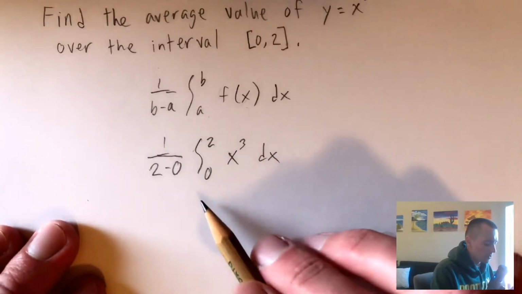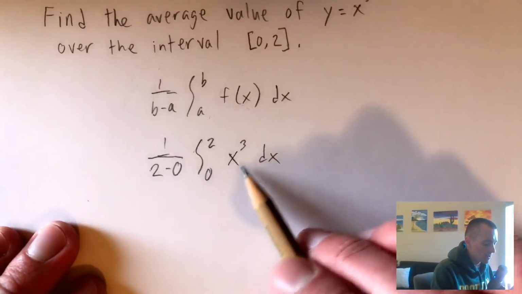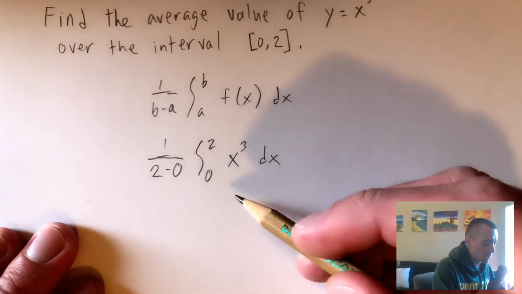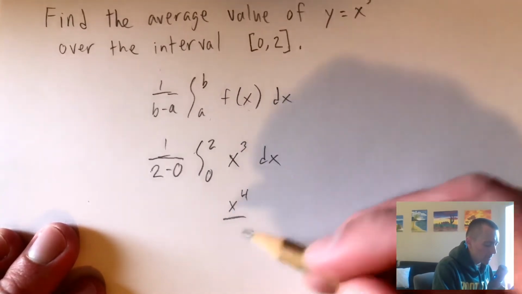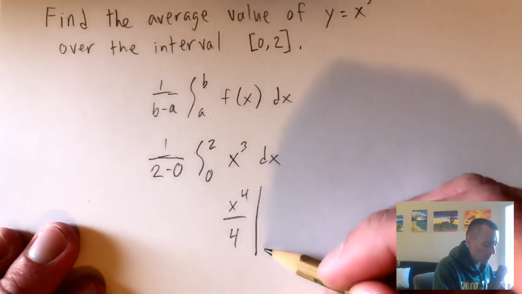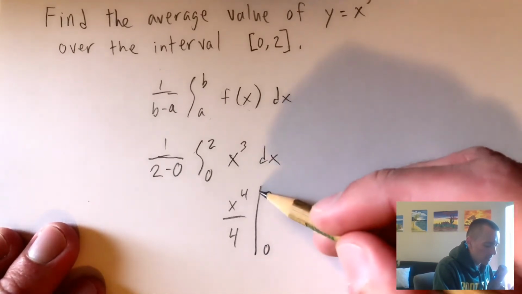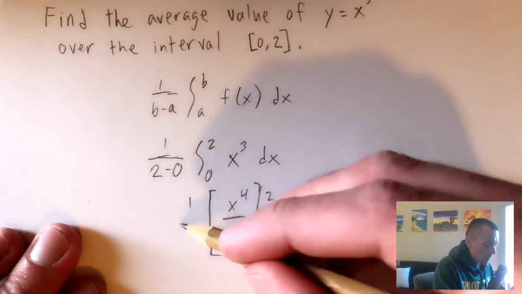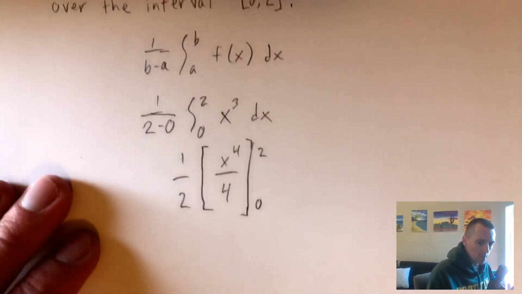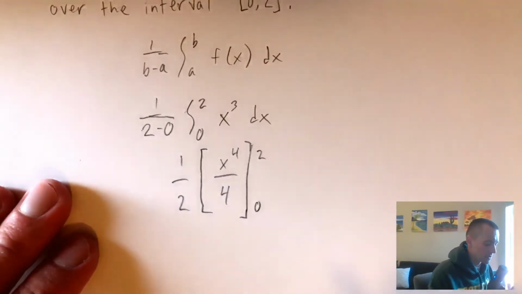So we just need to integrate x cubed, which can be done using the power rule. So we'll raise our power by 1, divide by our new power. And then we're going to evaluate that from 0 to 2. And then we're also going to multiply that by 1 over 2, because 2 minus 0 is just 2.